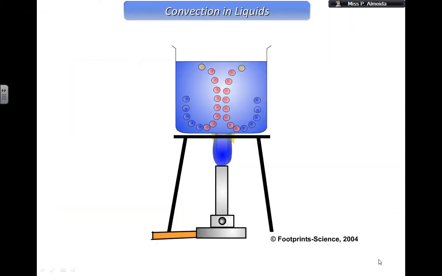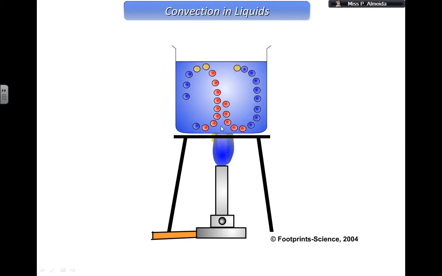Now, how does it happen exactly? Again, this particular slide is not mine, it's from Footprint Science. So let's look at this. I have a flame here that is heating up the liquid, right? Now, the particles nearby the flame, because they are closer to the flame, gain more energy compared to the others, right? So they are going to move away from each other because they are moving faster and faster.